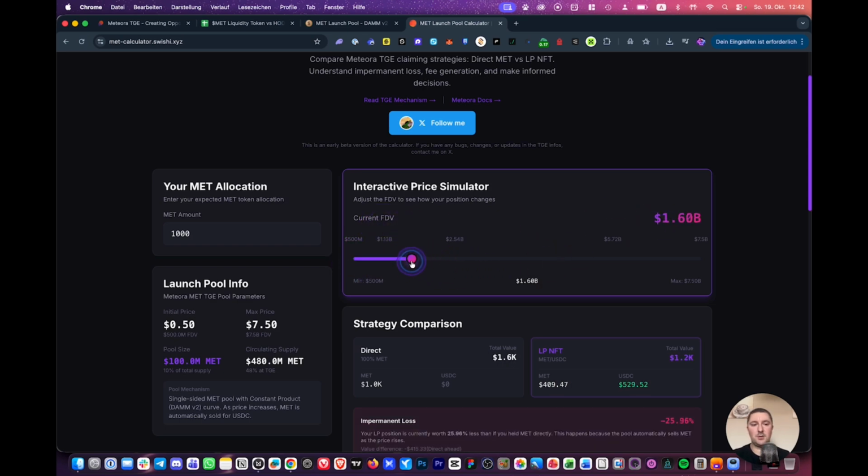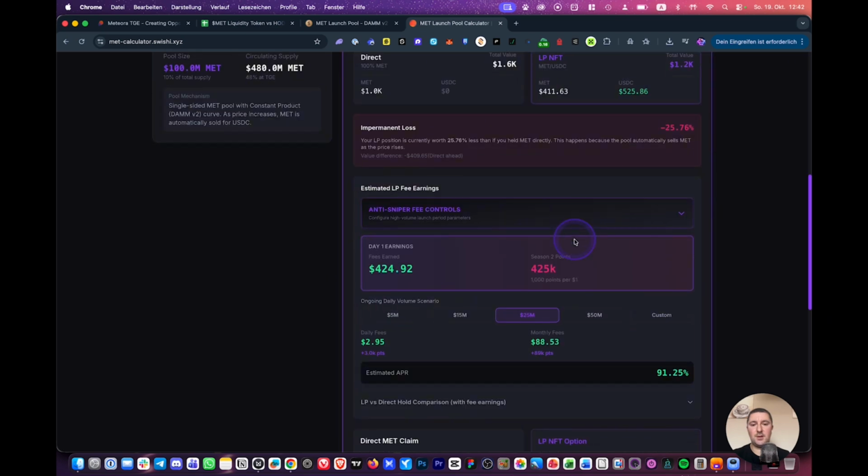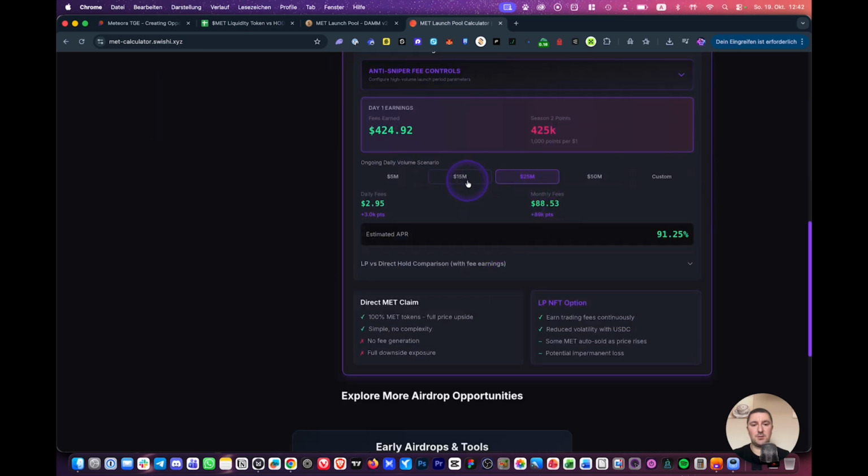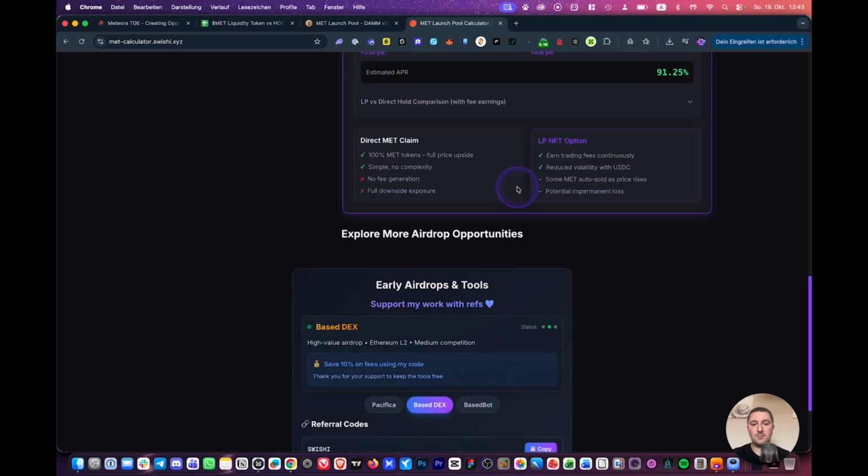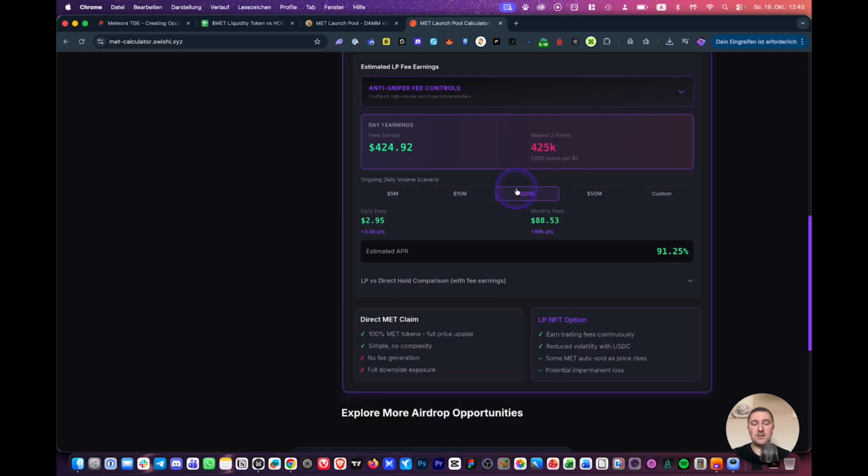You can play around with it and see the actual result. You can also set the volume to a certain level, because we don't know exactly how much volume we will see. So this is something where we cannot definitely say, okay, this is worth it or not.